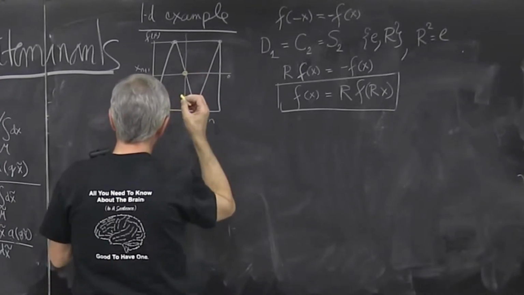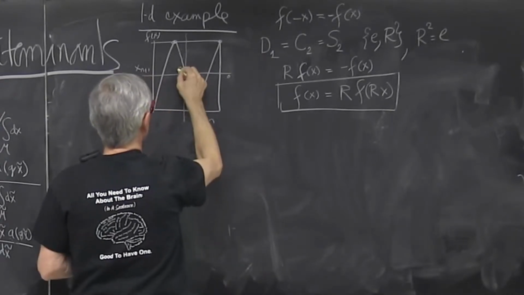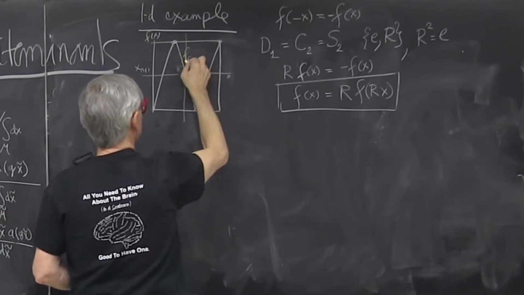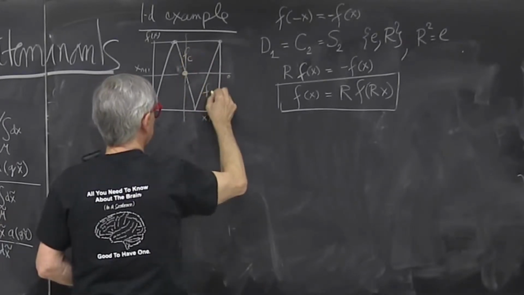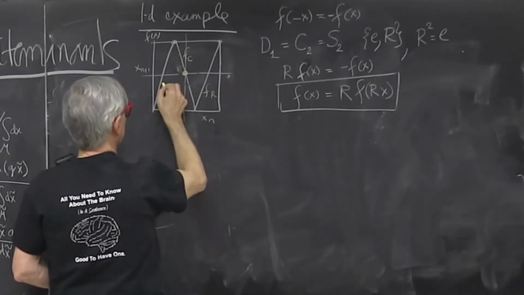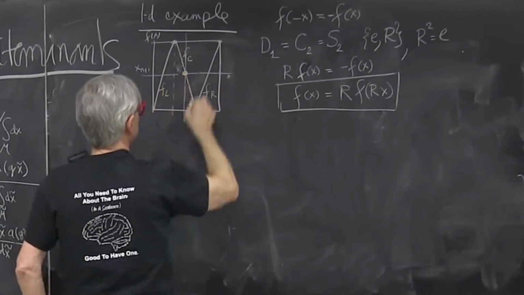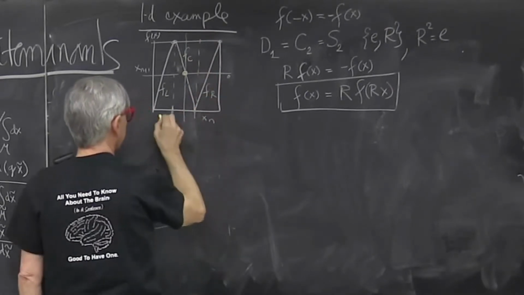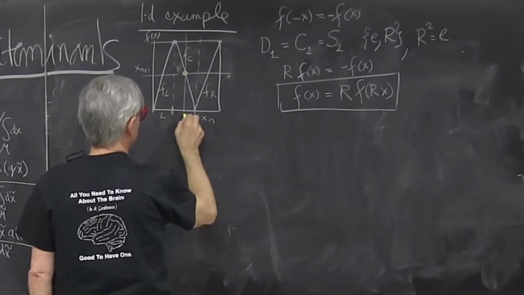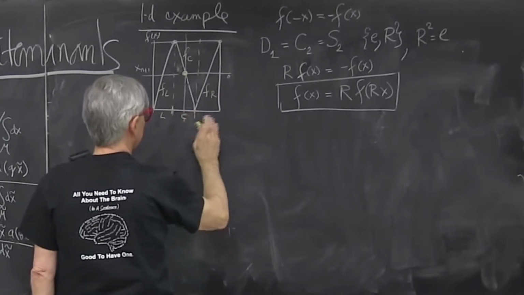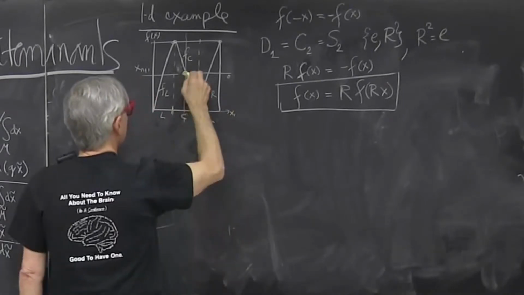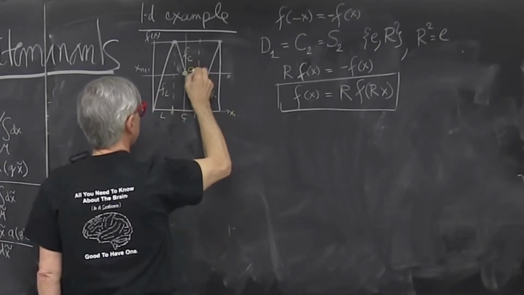So there is one I'll call C. The map has 3 branches, central one, right one, and left one. And that means that the world is partitioned by 3 symbols, left, center, right. And here is one fixed point.